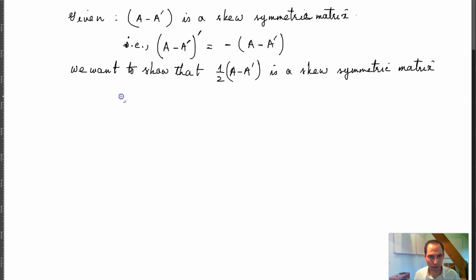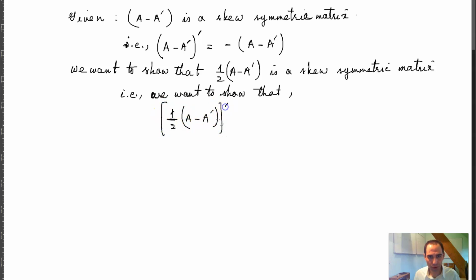That is, we want to show that 1/2 of A minus A prime whole transpose is the same thing as negative of 1/2 of A minus A prime.